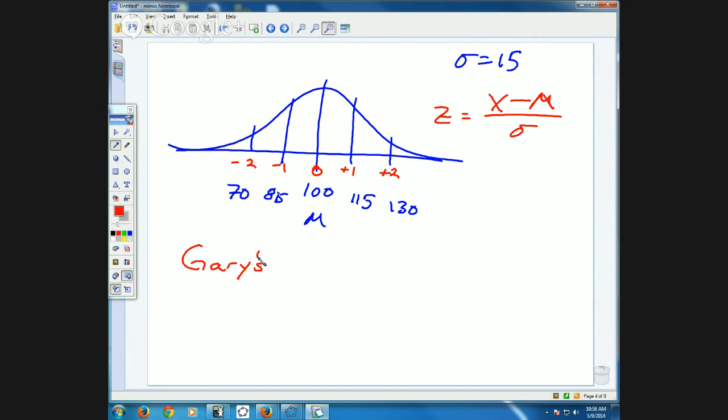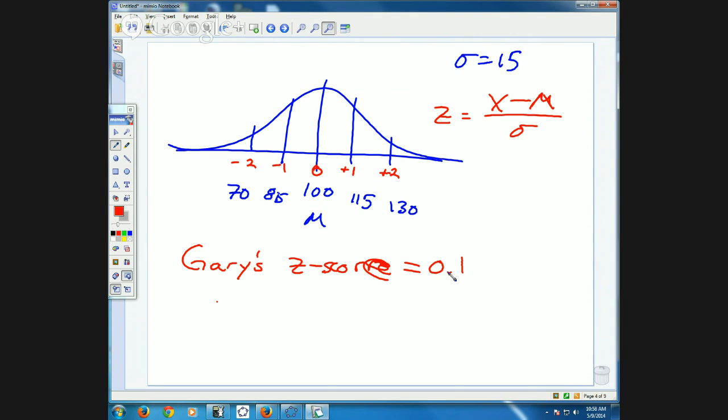So let's suppose that I have a z-score. Gary's z-score is 0.1. Based on my z-score, can we figure out what my IQ is? Careful, we have to think about this formula right here.